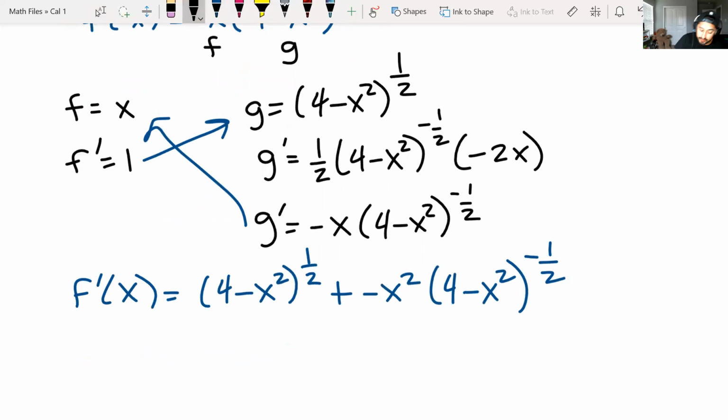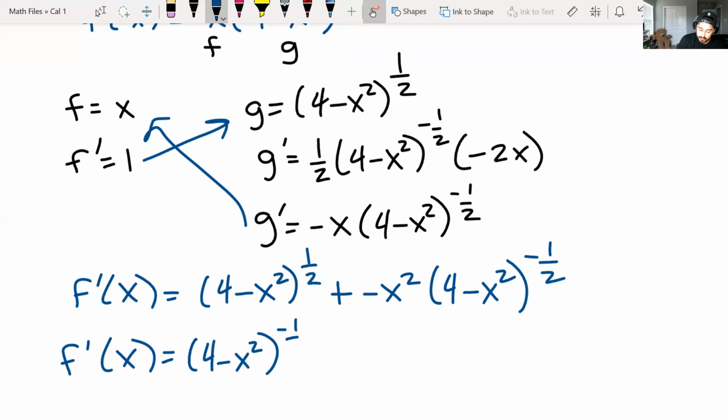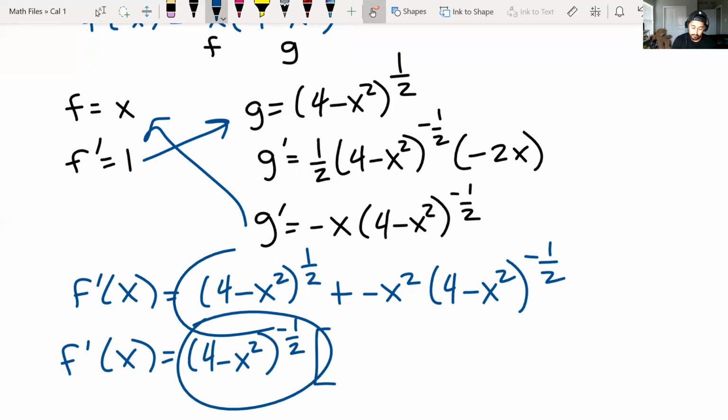I am going to factor out 4 minus x squared to the negative 1/2. So that's what I'm taking out. Bracket for neatness, and 4 minus x squared to the negative 1/2 from 4 minus x squared to the 1/2.